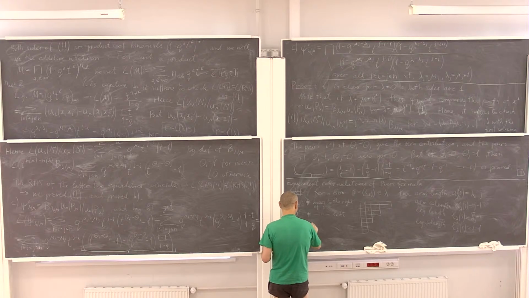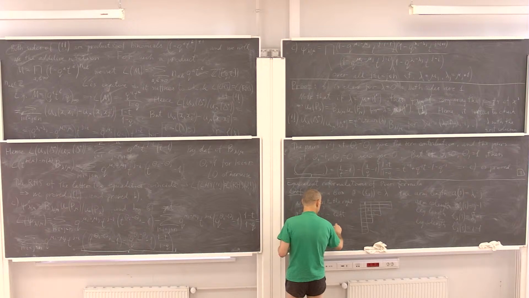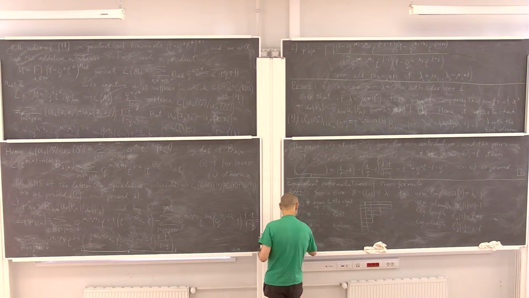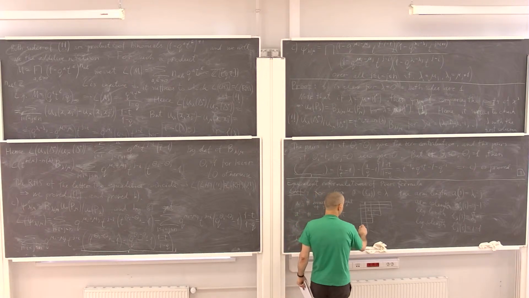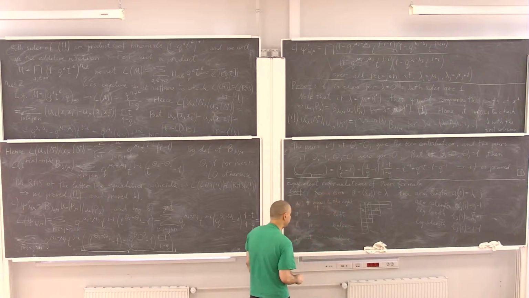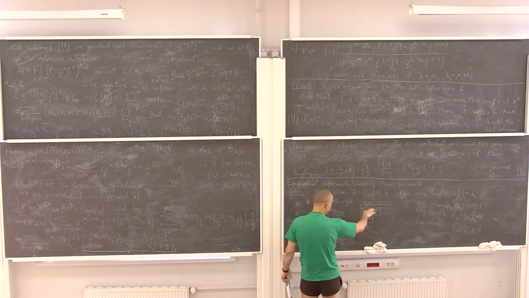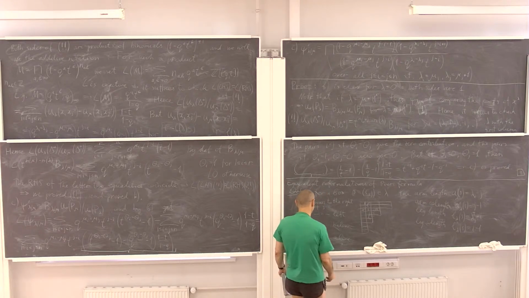L, number of boxes below S, and L prime above. So this is for A, this is for A prime, this is for L, this is for L prime. But I mean strictly to the right, strictly to the left, strictly above, and strictly below.